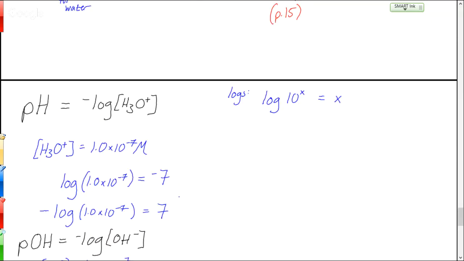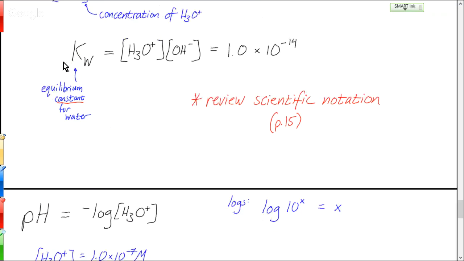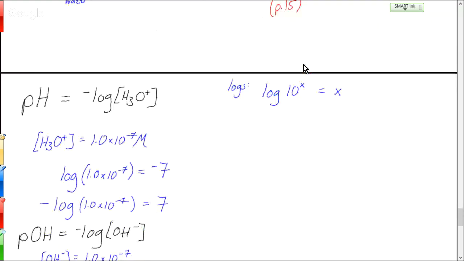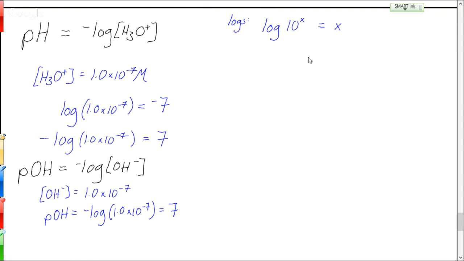So if we go back up to this equilibrium constant for water, we say that these two multiplied together always equals 1 times 10 to the minus 14. But another way that we can say that is that the pH, which is the negative log of the hydronium concentration, plus the pOH, which is the negative log of the hydroxide concentration, is always going to be 14.